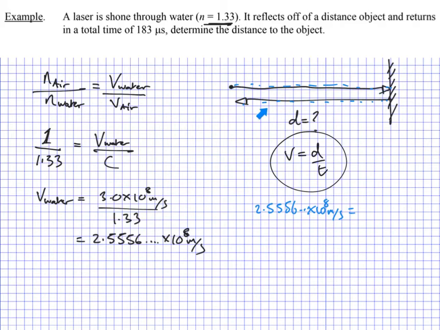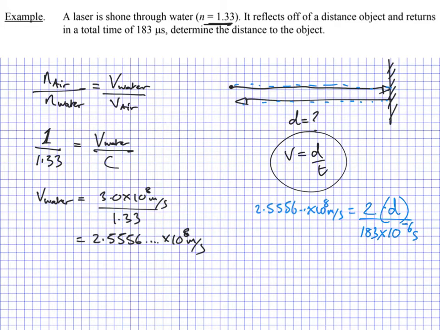So the total time is there and back. So I need to state that that's 2d. It's 2 times the distance, divided by the time. Well, the time is given to us, 183 times 10 to the, well, micro is -6 seconds.